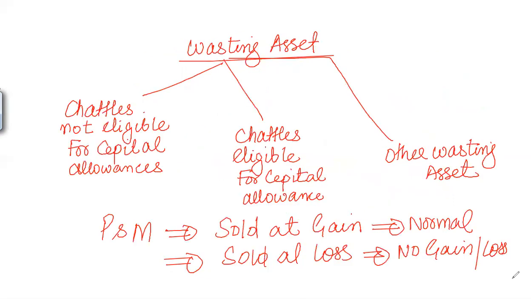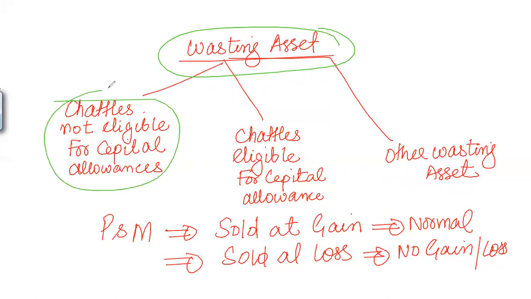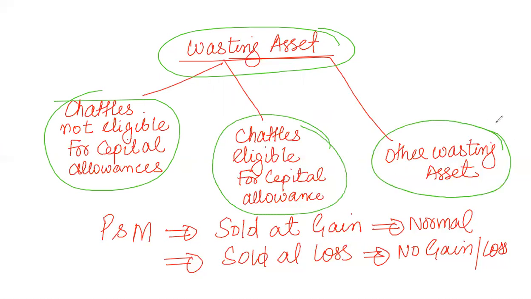Now, as far as the vesting assets are concerned, we can classify them as chattels not eligible for capital allowances, for example, those that are not part of the plant and machinery definition; chattels eligible for capital allowances; and other vesting assets which are not considered as a chattel.